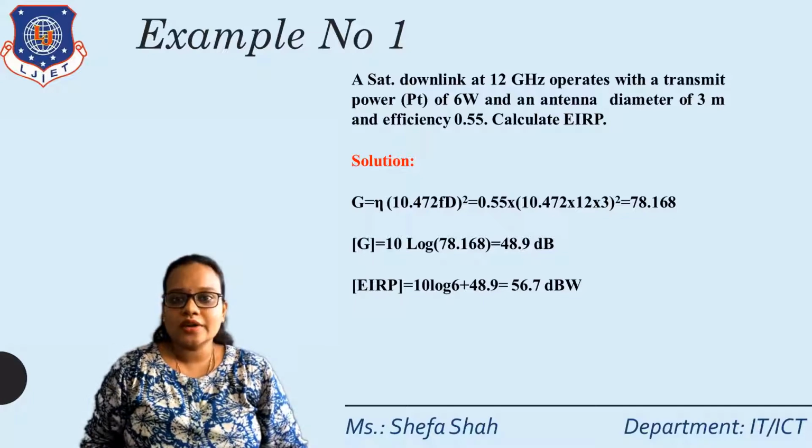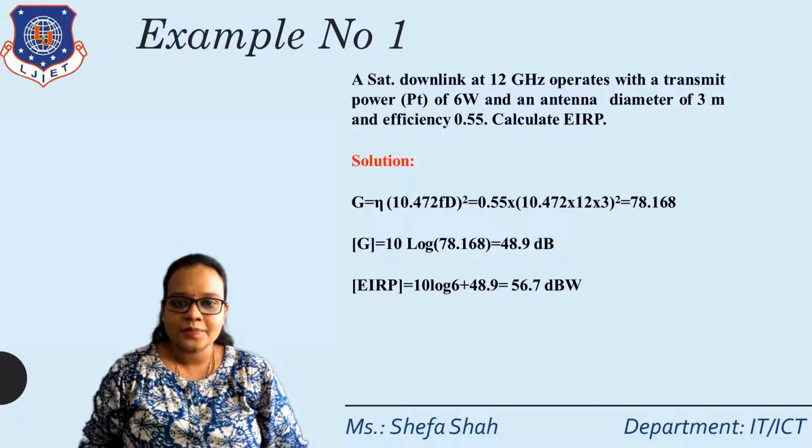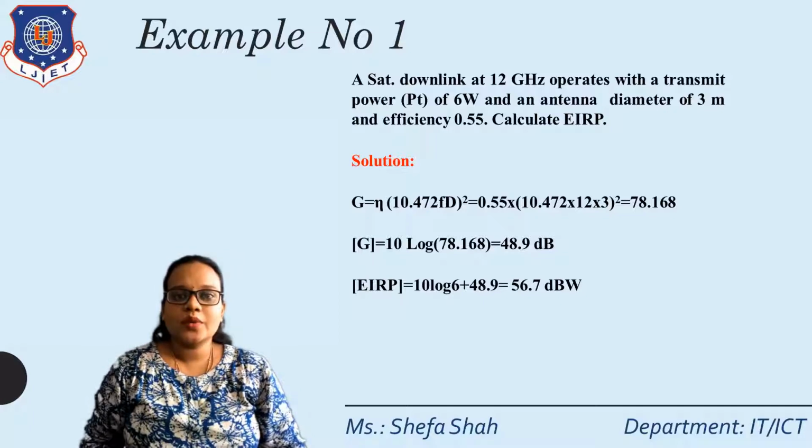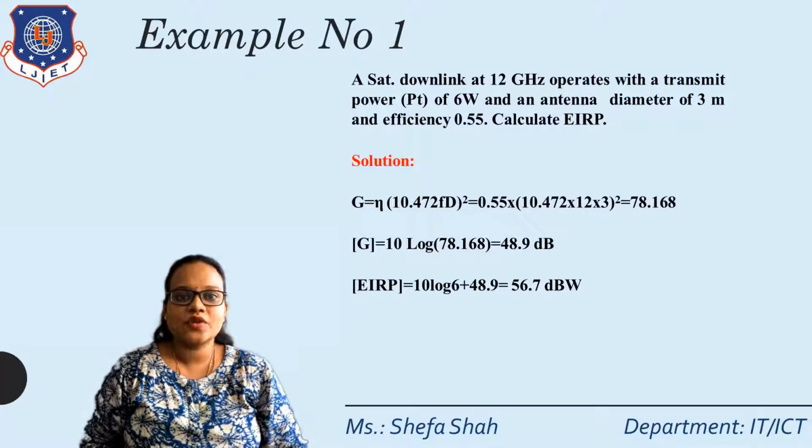As we all know, for satellite communication, the earth station is nothing but a parabolic dish antenna. So the gain equation for the parabolic dish antenna is given as eta times 10.472 F D whole square, where eta stands for the efficiency, F stands for the frequency, and D stands for the diameter.